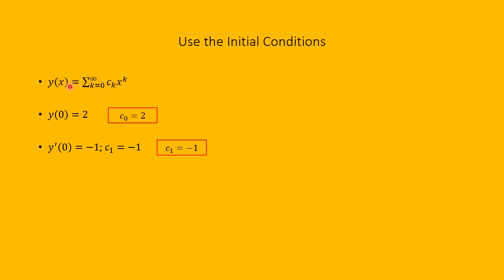If we differentiate this with respect to x, the first term, the constant term, will be 0. The derivative of c sub 1 x to the 1 is just going to be c sub 1. And the rest of the terms will have powers of x in it. So if I let y prime of 0 equal the initial value minus 1, that tells us that c sub 1 is equal to minus 1.